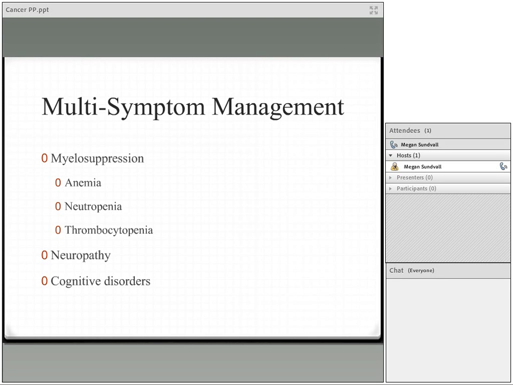Thrombocytopenia is a circulating platelet count of less than 100,000, understanding that normal is somewhere between 150,000 and 400,000. Thrombocytopenia usually occurs after nadir, which is that 10 to 14 days after chemotherapy.